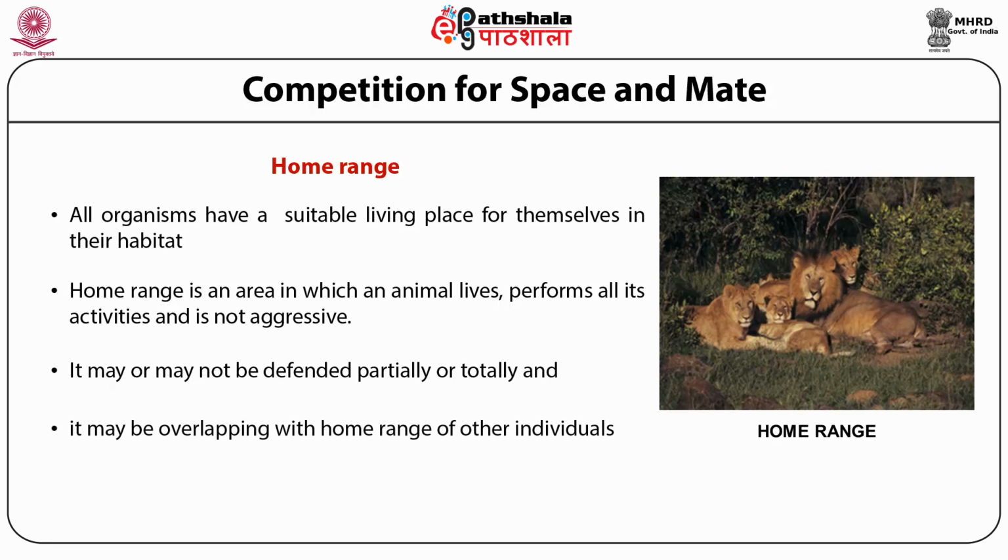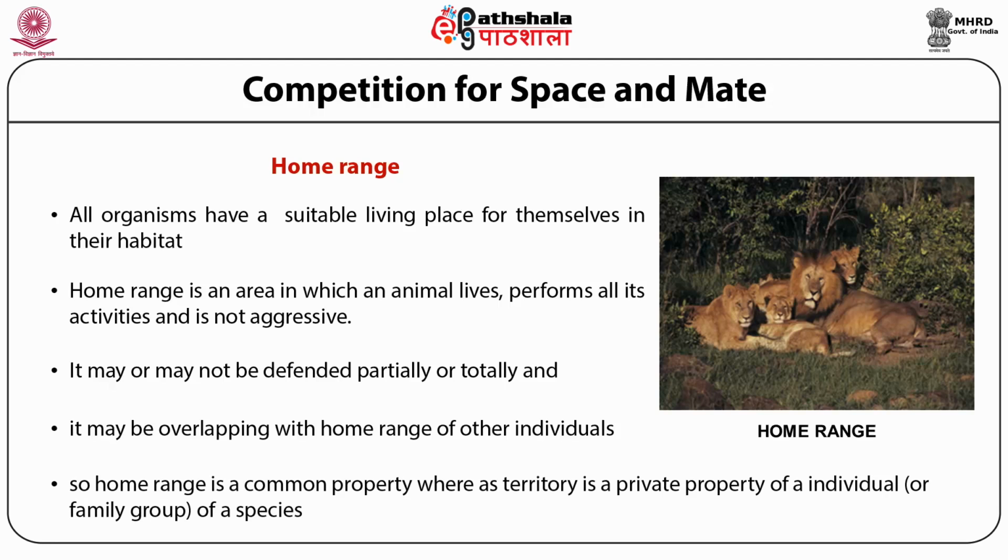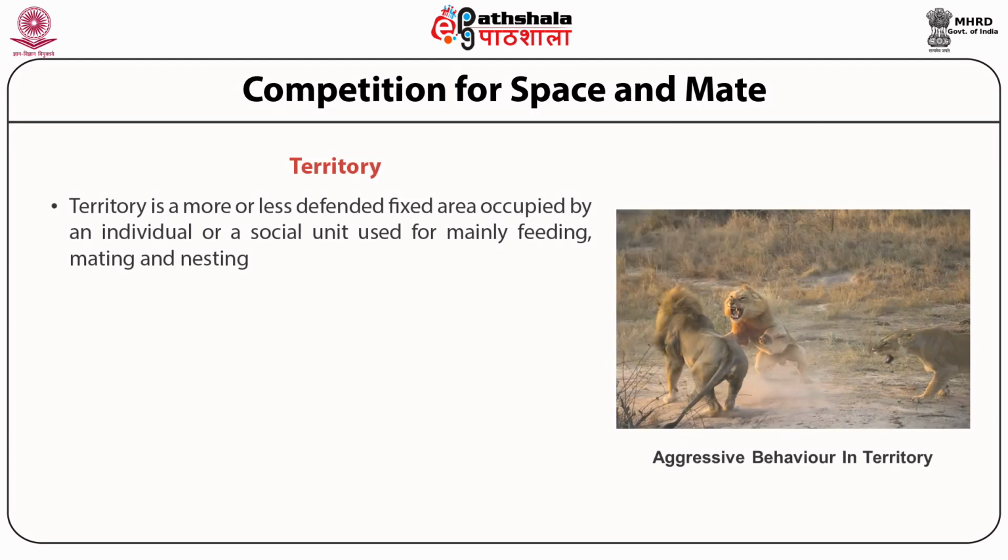It may be overlapping with the home range of other individuals also. So, home range is a common property, whereas territory is a private property of an individual or a social group. Territory is a more or less defended fixed area occupied by an individual or a social unit, based mainly for feeding, mating, or nesting purposes.